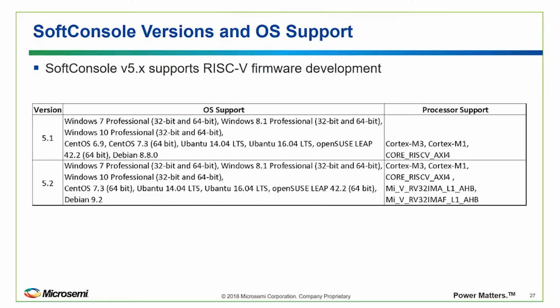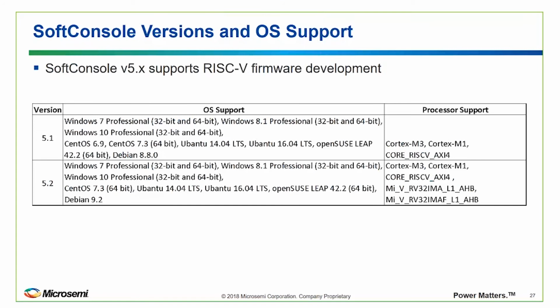Now, if you look at our website, you'll see there are 4 different versions of SoftConsole available for download. If you're going to do anything with RISC-V, it gets narrowed down to only 2 versions. There's a version 5.1.